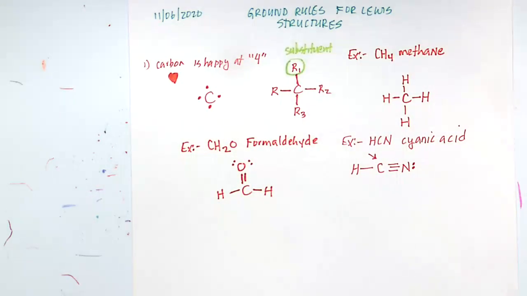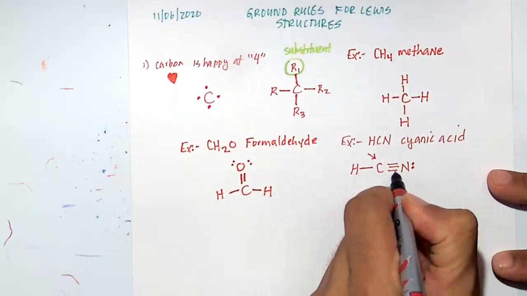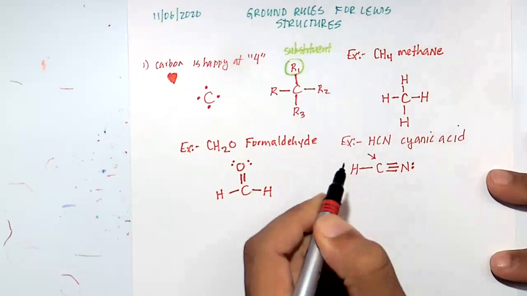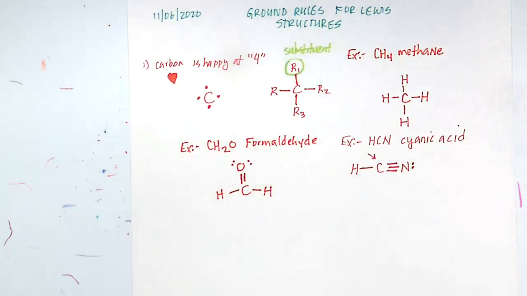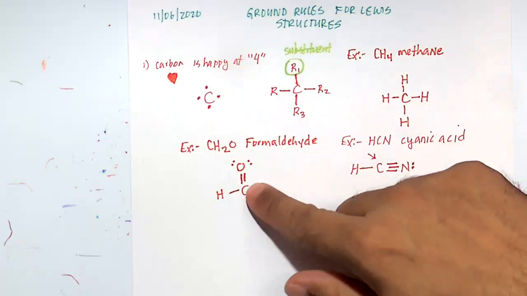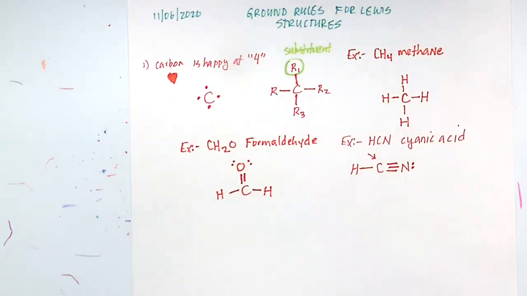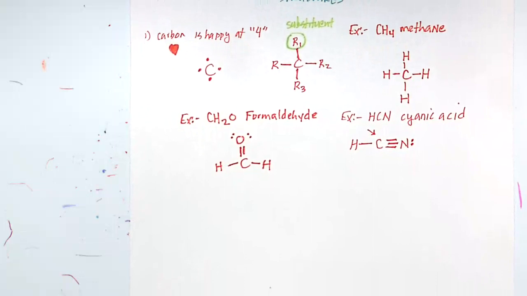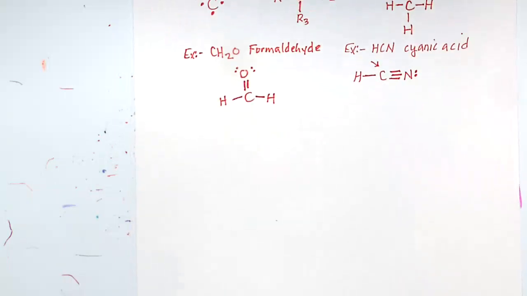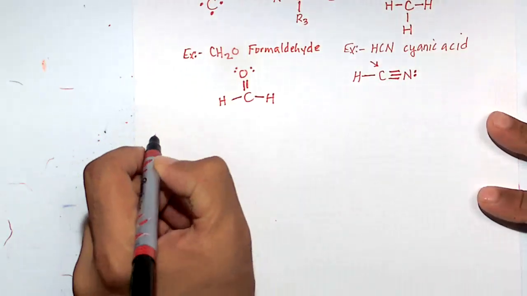Carbon happy at 4: 1, 2, 3, 4. Carbon is very happy whether it's a single bond, double bond, or a triple bond. If you take organic chemistry, it's all about carbon and the number 4.